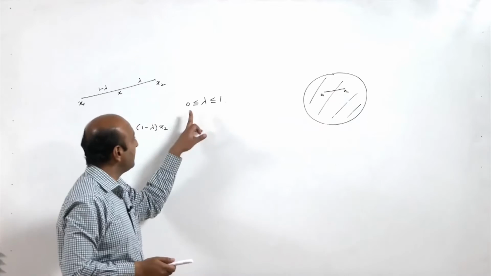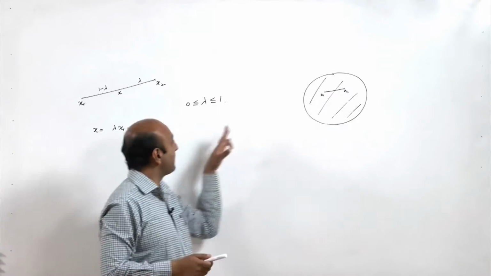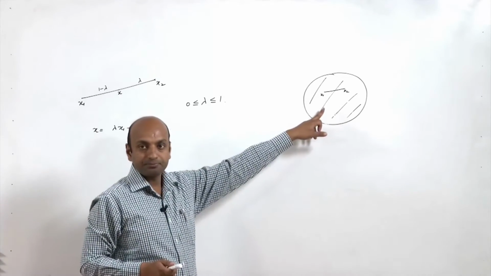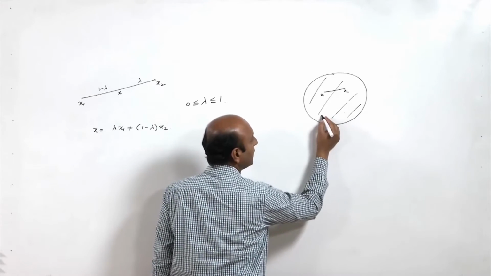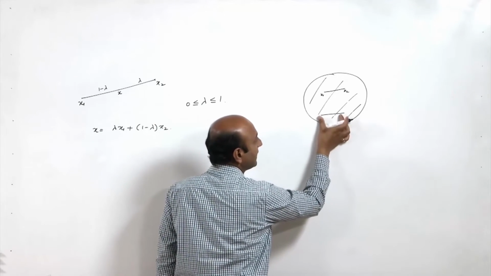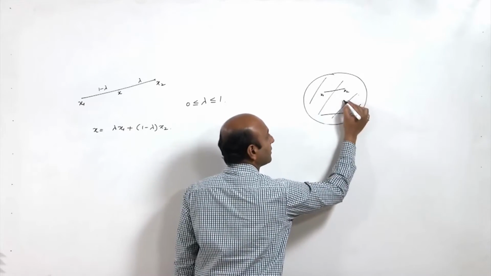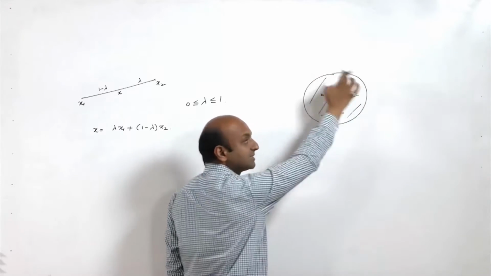For any lambda between 0 and 1, the point x, which is lambda x1 plus 1 minus lambda x2, must be in S. You take any 2 points here, join the line segment. The line segment must be in this set itself. You take 2 points here, join the line segment. The line segment joining these 2 points must be inside this region.